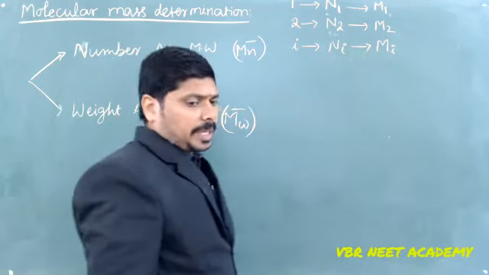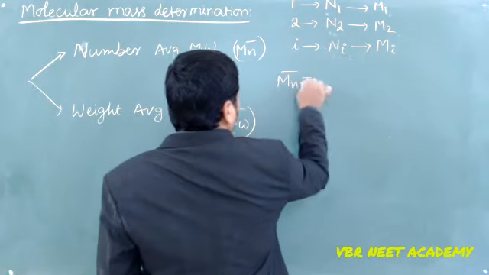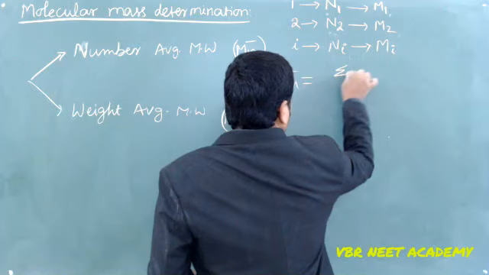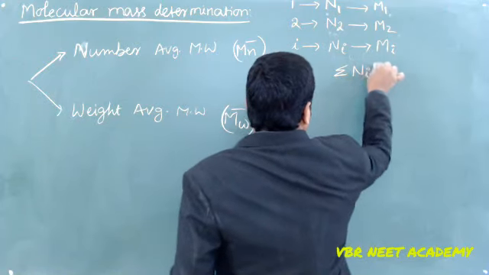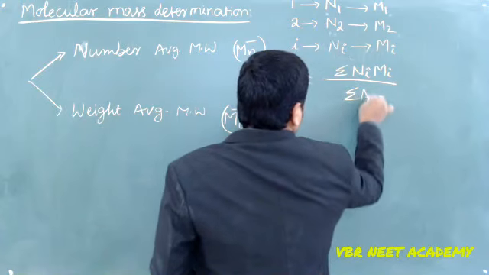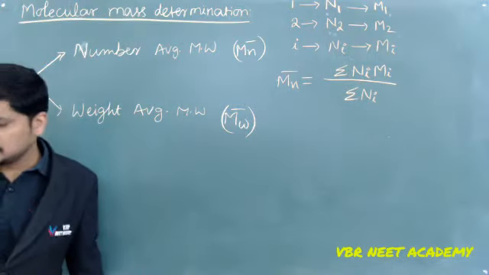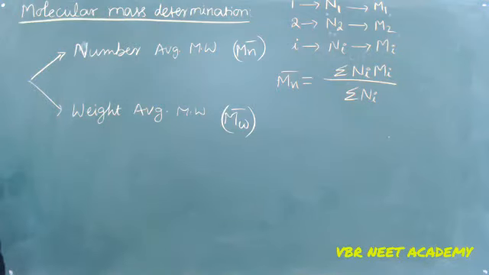If I take it like this, I am able to get the number average molecular weight: sigma Ni Mi by sigma Ni. Sigma Ni Mi by sigma Ni gives the number average molecular weight.